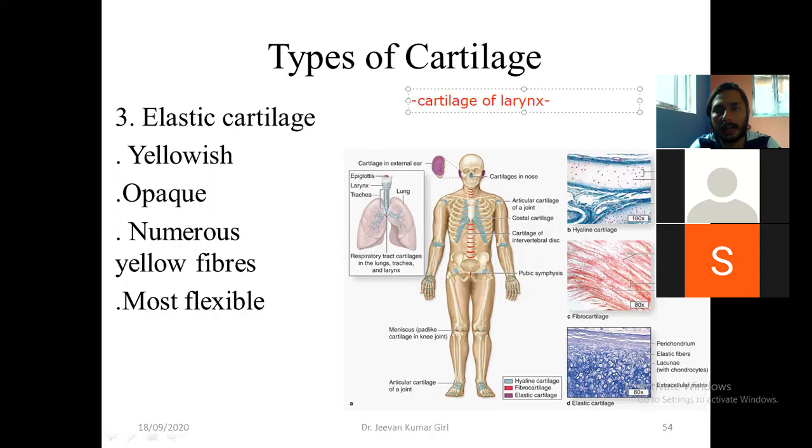In some cartilage of larynx, they are also elastic cartilage. So some are hyaline and some are elastic. Now see, we have seen the hyaline cartilage. They are the thyroid cartilage, arytenoid cartilage, and the cricoid cartilage. So they are hyaline. Now the remaining ones, see these cartilages: epiglottis, corniculate, and the cuneiform.